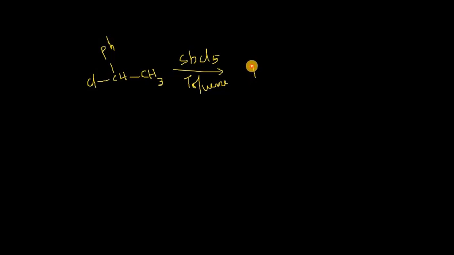You will get a compound Ph, CH, this carbon will become a positive carbon, with CH3. And what we have removed is SbCl6 minus. We got SbCl6 minus.